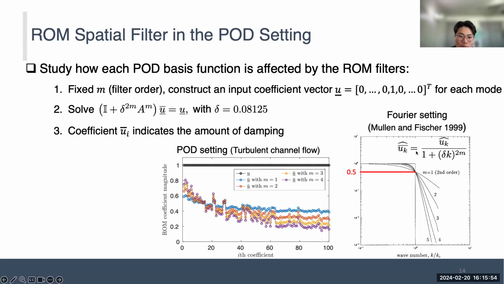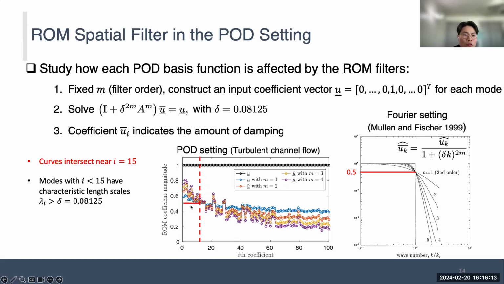And you see before this vertical line, higher order has less damping, and after this vertical line, higher order has a sharper damping. And the crossover is about 0.5, which we also found a similar behavior in the POD setting, where the crossover is about 0.5.